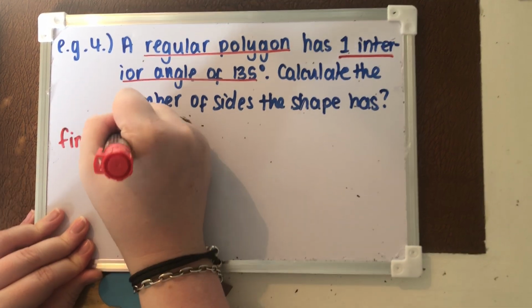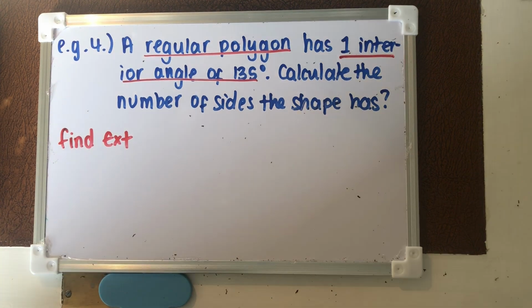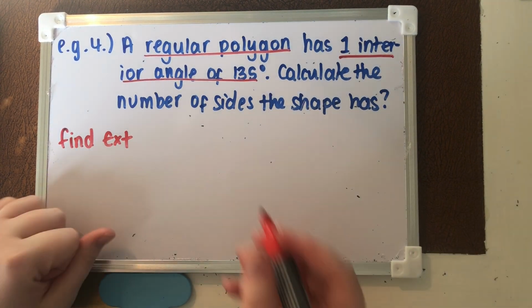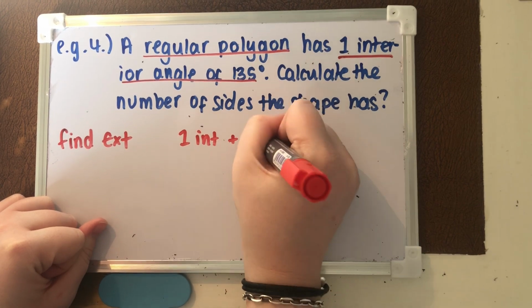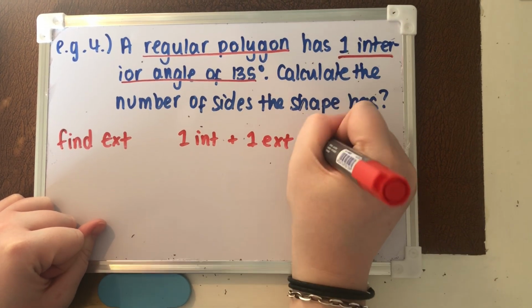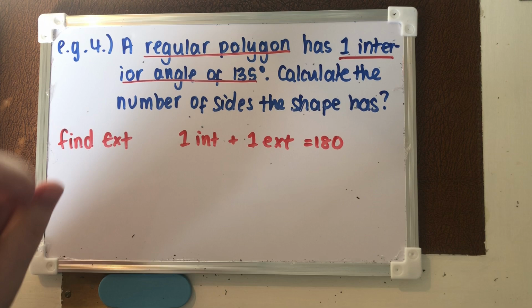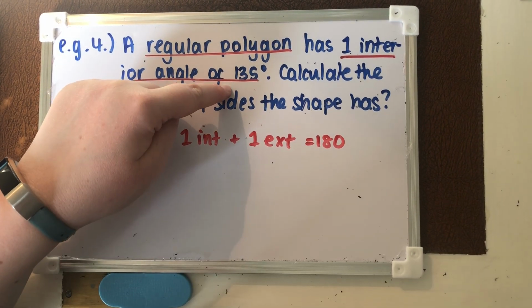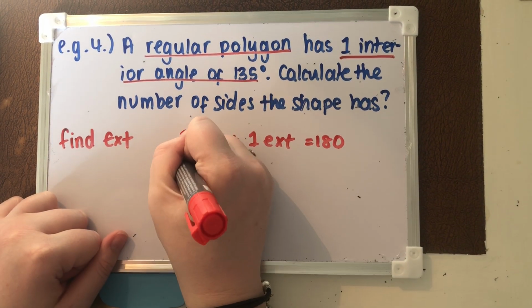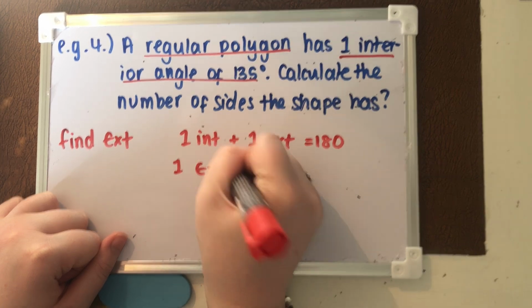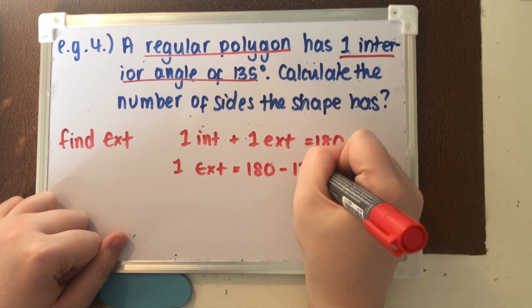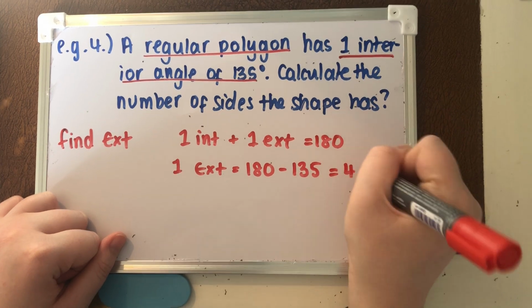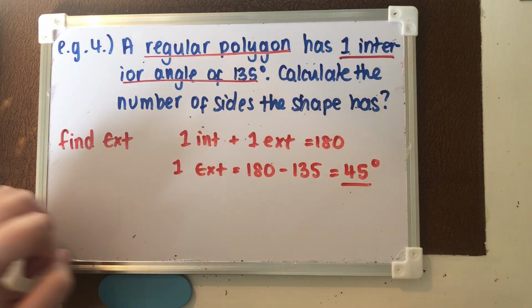is. Okay, because we can do that quite easily, because we know from the other rules, one interior plus one exterior was equal to 180. Now we know that the interior is 135, so that one exterior would just be 180 take away 135, which is 45 degrees.